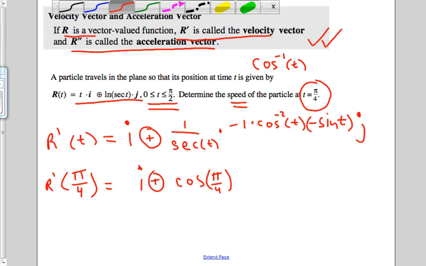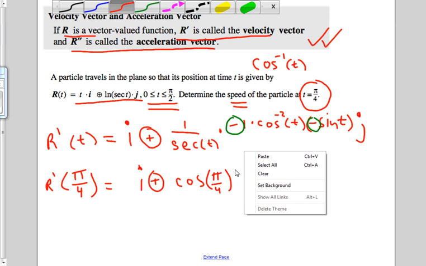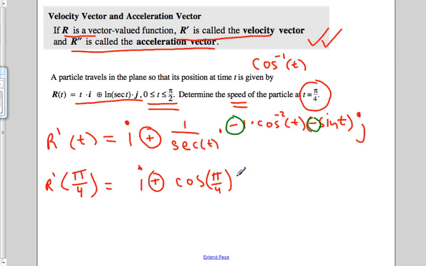These negatives that we have here will cancel each other out, so we can just forget about them. So then we have times cosine to the negative 2 of pi over 4 times sine of pi over 4.